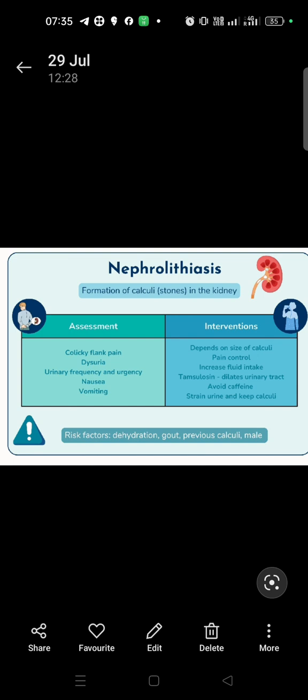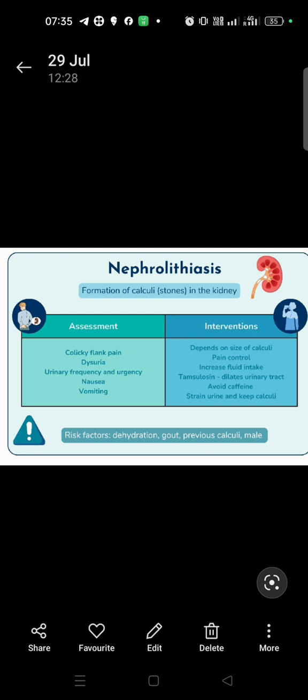If we get such a question, we have to find out the diagnosis. From all these assessment findings, we have to rule out that the patient is suffering from nephrolithiasis, and put the answer nephrolithiasis.